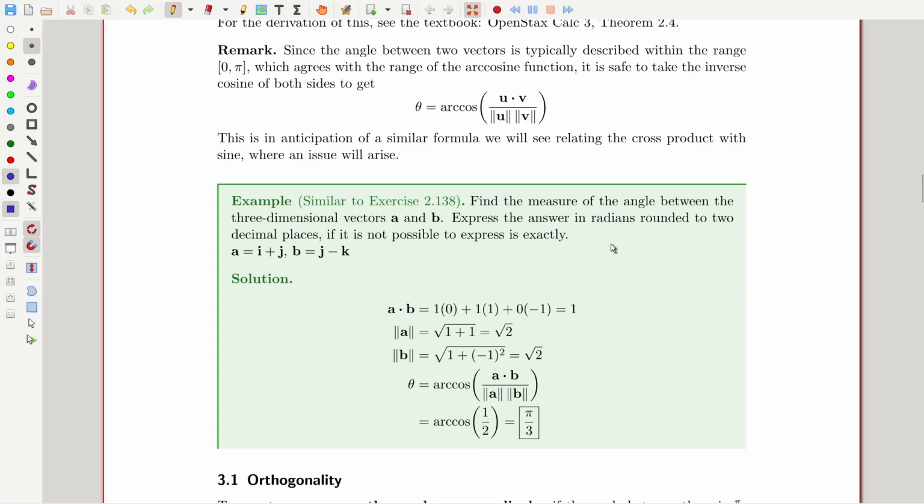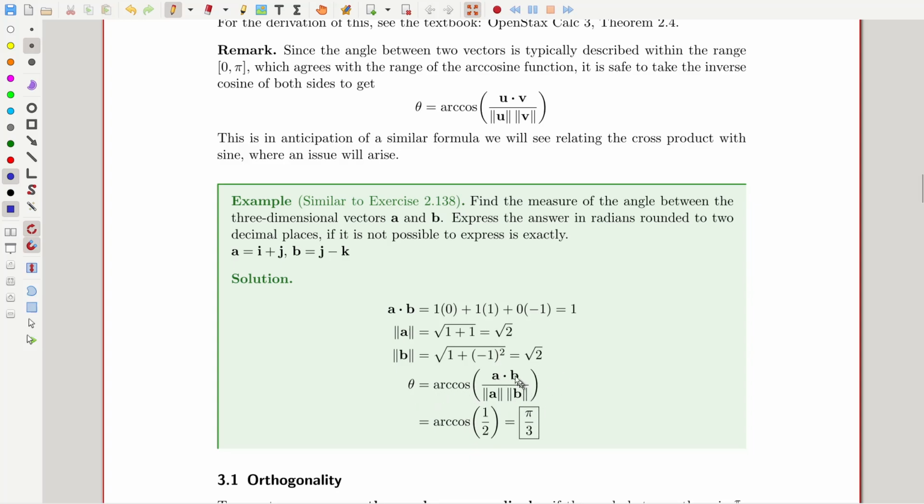Now for an example. So suppose that you have the vector A being i plus j, and the vector B being j minus k, and that you want to measure the angle between these two vectors. So this is just applying the formula. We apply this formula that relates the dot product of the two vectors with the angle between them.